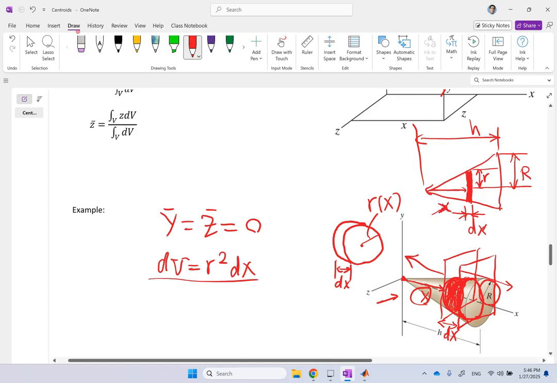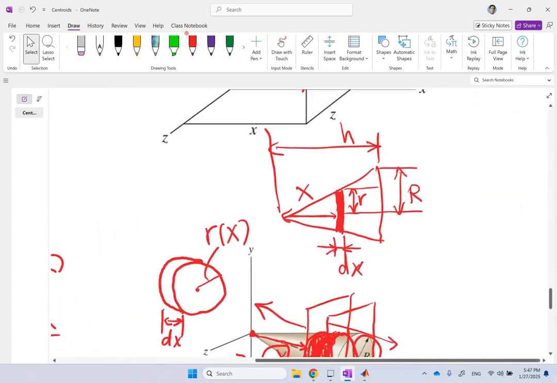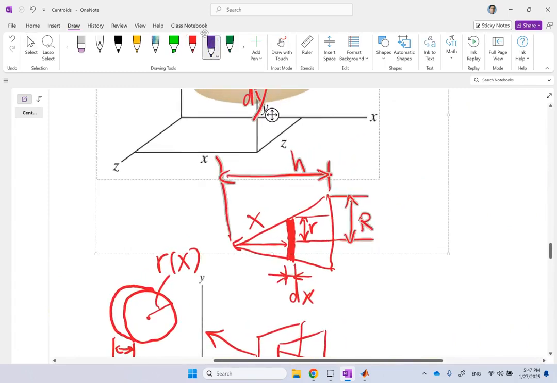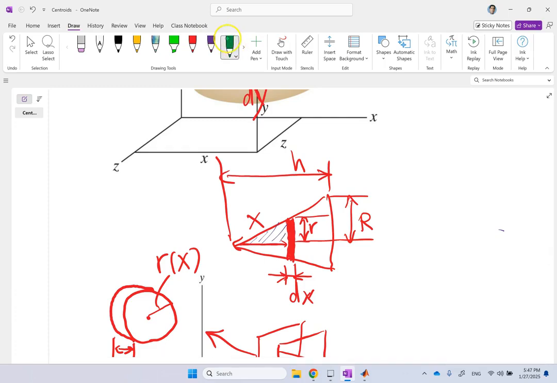So with that in mind, how much is r? Well, I can just use similar triangles. All I need to do is to look at this triangle, this small one, and this bigger one. If I look at those, we have two similar triangles. Let me draw it again here. This is r, this is R, this whole thing is h, and this thing is x.